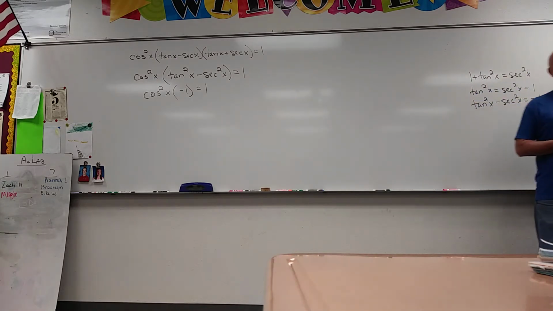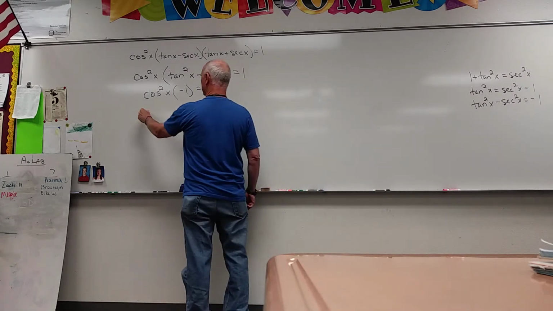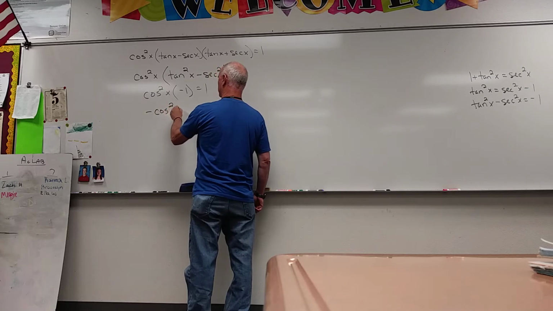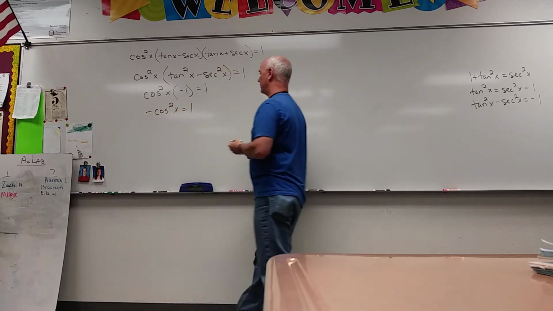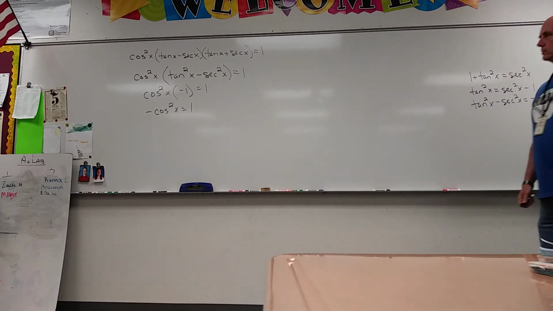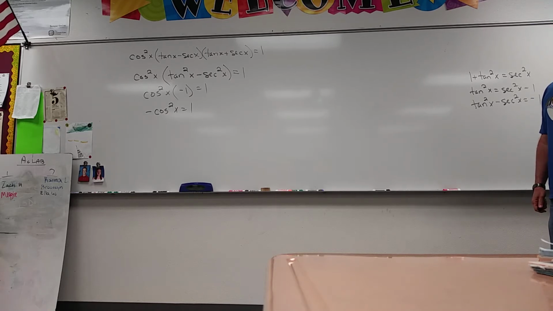Do you see it that way? Which therefore means the left side is negative cosine squared of x equals 1. Are we done? We can't simplify more. We got it about as simple as we can get it.